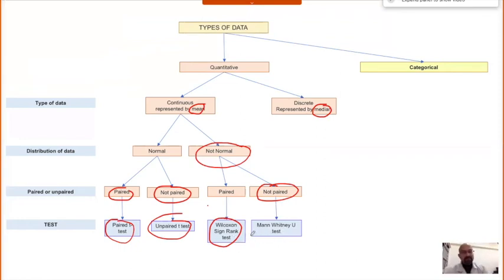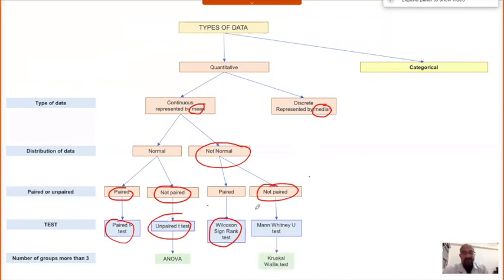Again, it's a play of names, and there is no other way but to remember it. So that's only for the continuous data. Let's move on to the next, which is the discrete. We leave out here: if the number of groups was more than three, then we use the ANOVA.